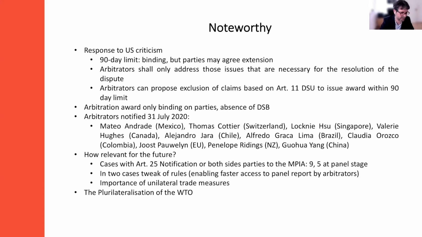And then finally, a systemic issue concerning the whole MPIA mechanism that concerns plurilateralization. There's a problem within the WTO that the 164 members these days cannot agree on anything anymore. Negotiations don't make progress. There are no solutions to problems because one member, as we've seen with the Appellate Body, can block anything.